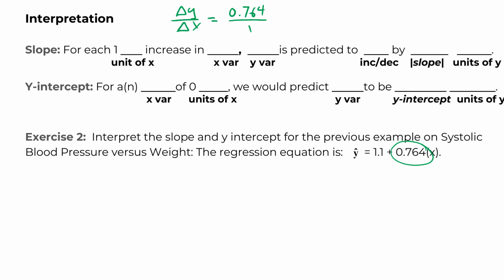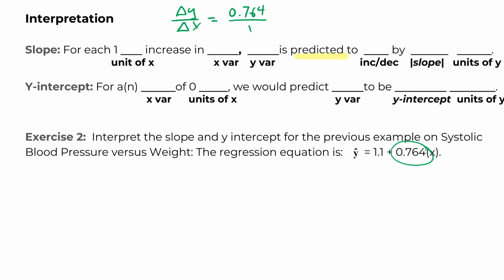The only other piece, besides as our x changes 1, our y will change the slope amount, is that we want to have the word predicted or on average or expected, something in there to say that this is not a guaranteed thing. We don't want it to be too deterministic is the wording that they use. So you want to make sure it's something about how the line predicts this or we expect this, as opposed to just saying every time you do something, here's what's going to happen.